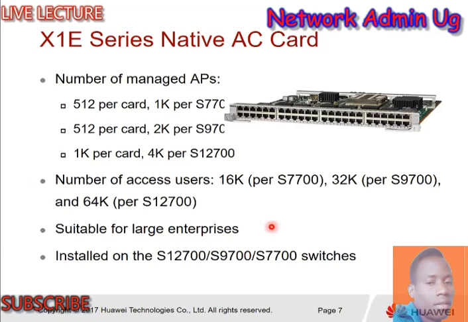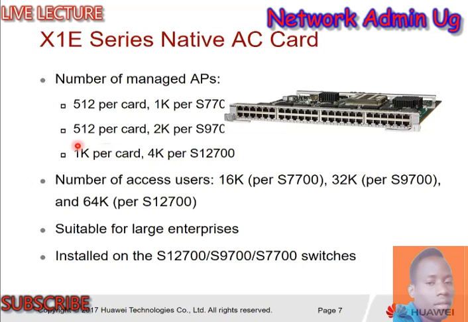It normally supports only large enterprises, because you cannot buy such a high-capability switch when you're going to support a small business, and it's highly expensive for the organization to spend money on that. So the access points that it can support also depend on which kind of switch you have.